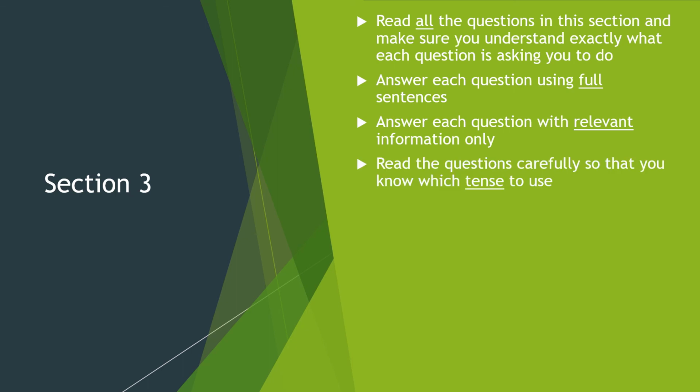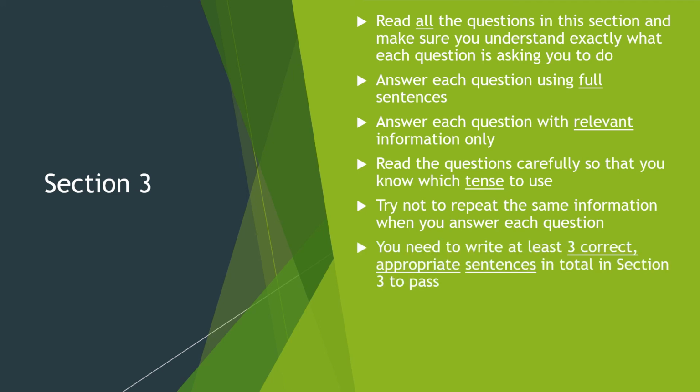Read the questions carefully so you know which tense you need to use. If you use the wrong tense or the information is not relevant, you will not pass this section. Try not to repeat the same information when you answer each question.